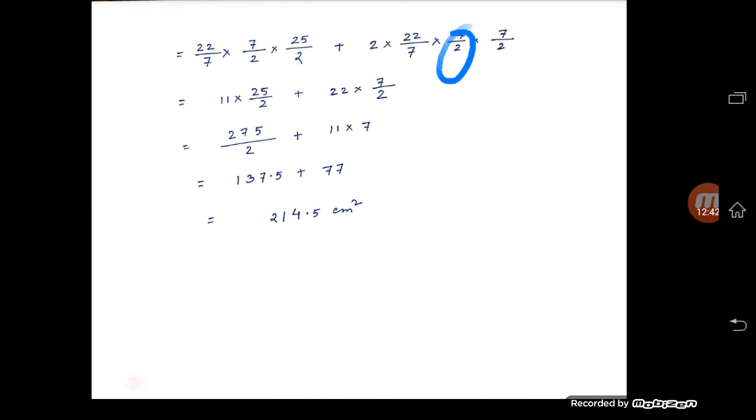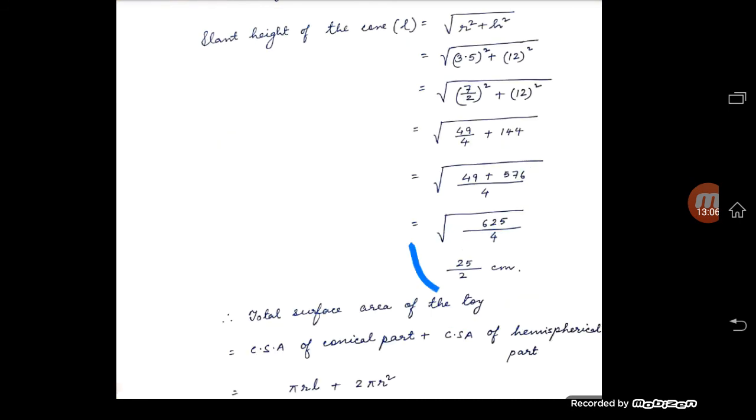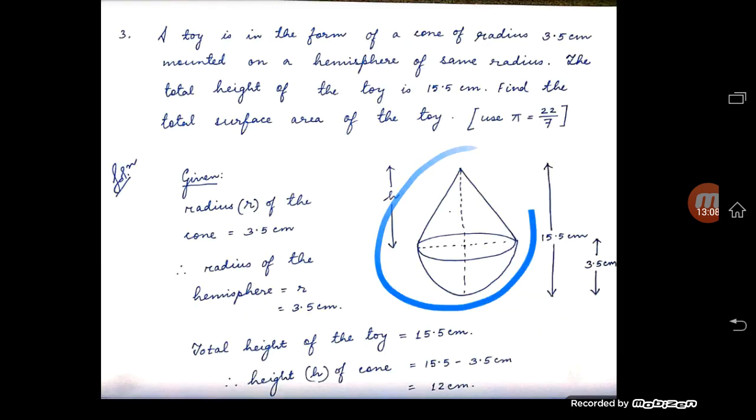So in the next step, 22 will be divided by 2. We'll get 11 into 7. 25 into 11 is 275 divided by 2, plus 11 into 7 will be 77. 275 by 2 will be 137.5. When we add 77, we get 214.5 centimeter square, which is the total surface area of this entire toy.